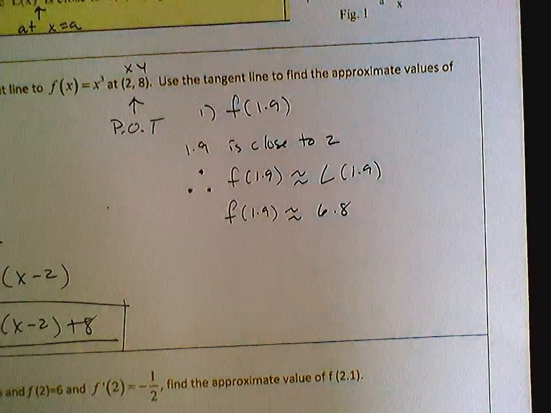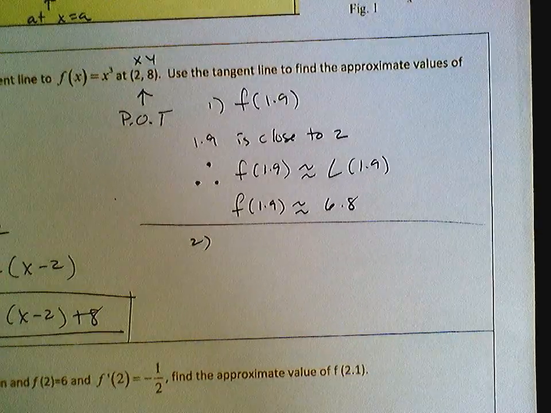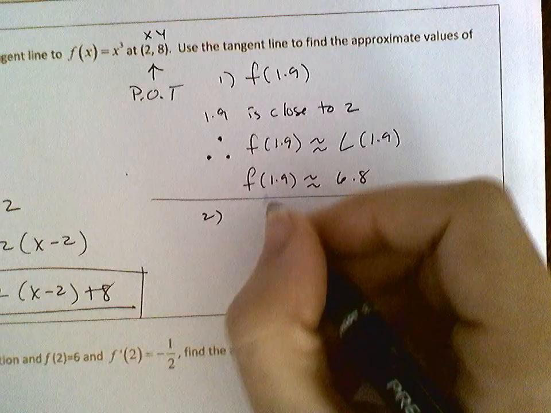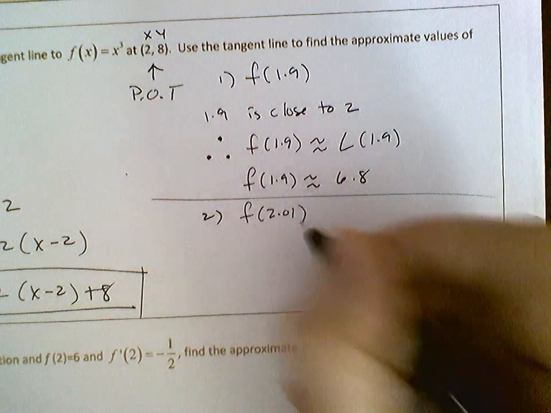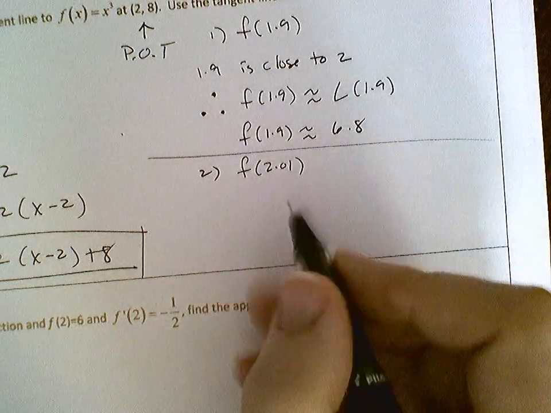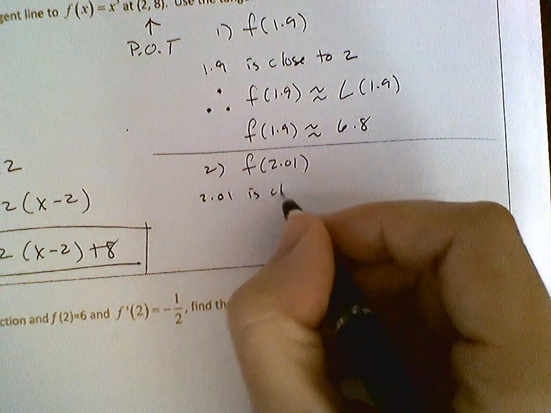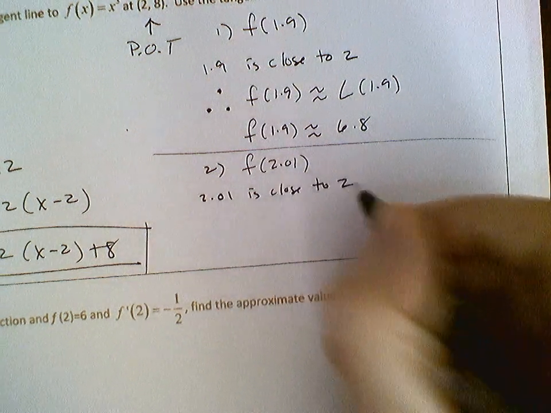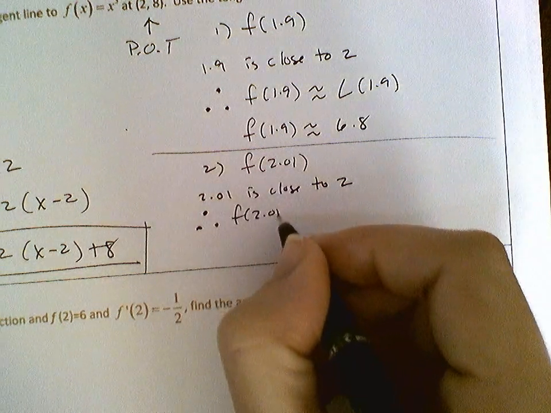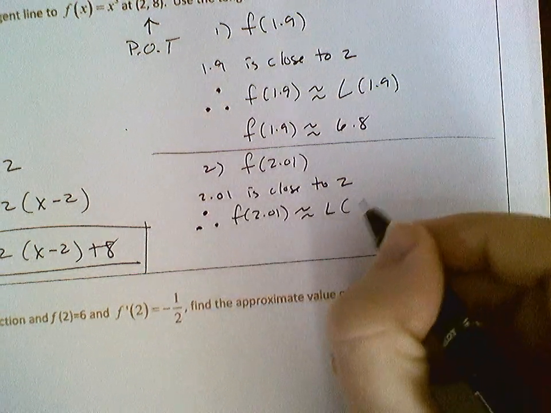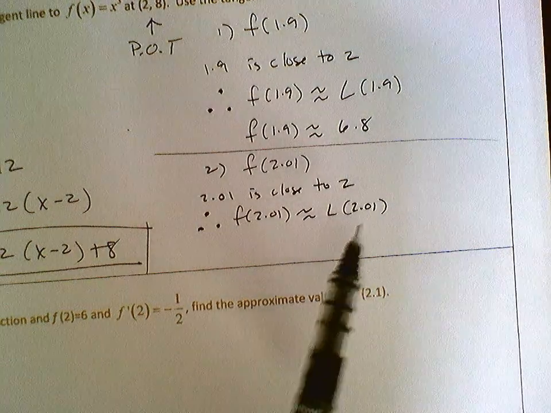Alrighty, so there's the first part. Now, second part, okay, I'm going to be very clear about the logic here to my reader. So I'm going to say right here that I'm finding f of 2.01, and then I'm going to use the same logic as I did before. I'm going to say 2.01 is close to 2, therefore, f of 2.01 is approximately L of 2.01, the tangent line at 2.